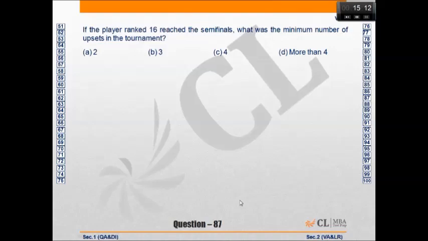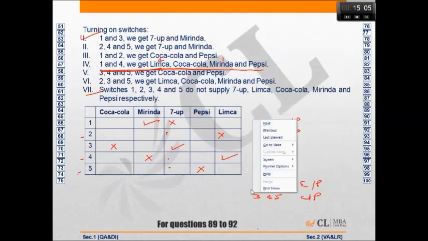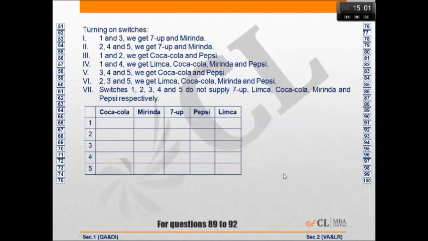The first set, I'd already done one question. I'll just erase this. 15 minutes and let me try and get this thing in place. Hopefully I will get it. I'll give myself 3-4 minutes. If I don't get it, I'll leave this and move to one RC.